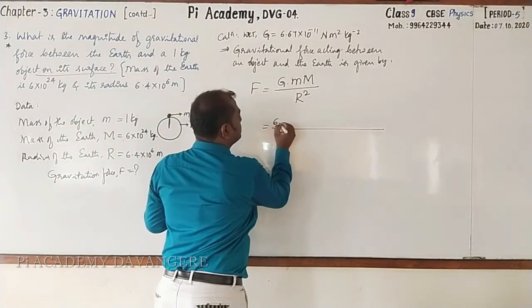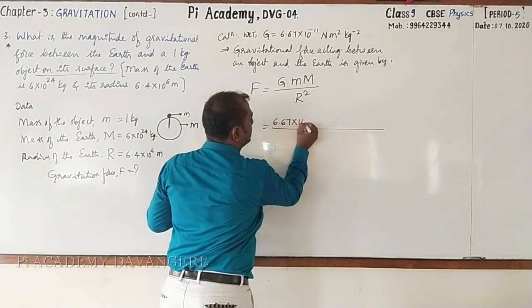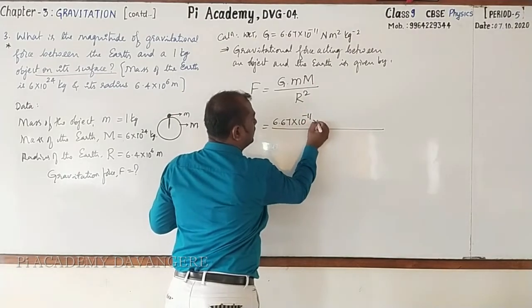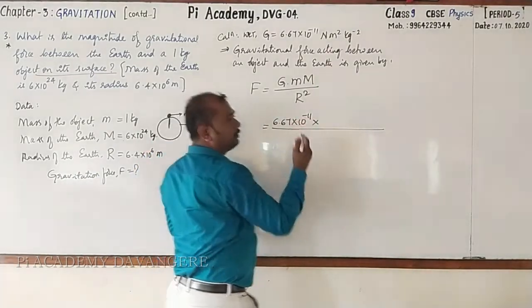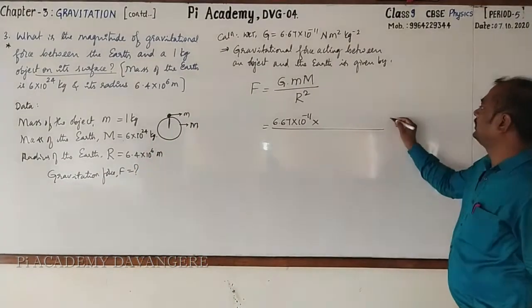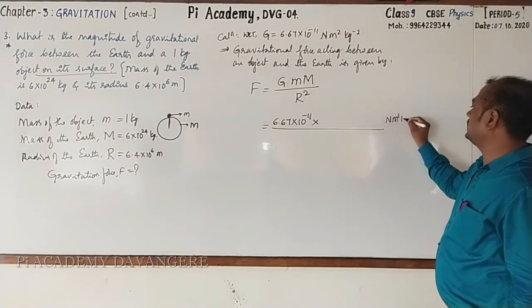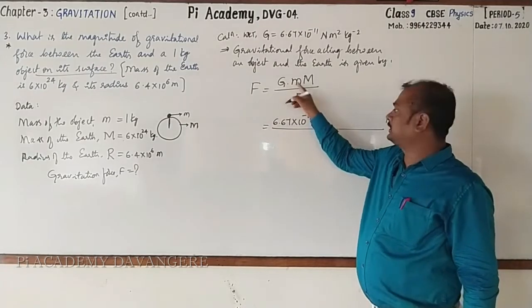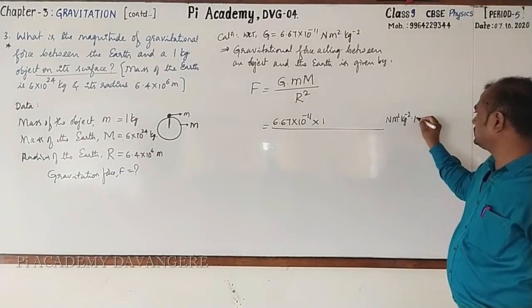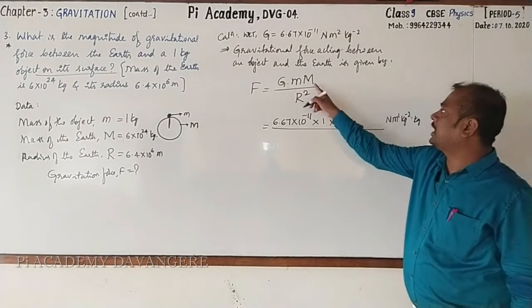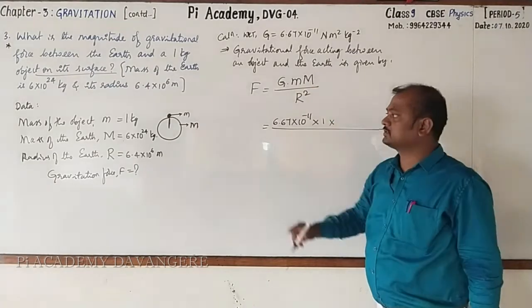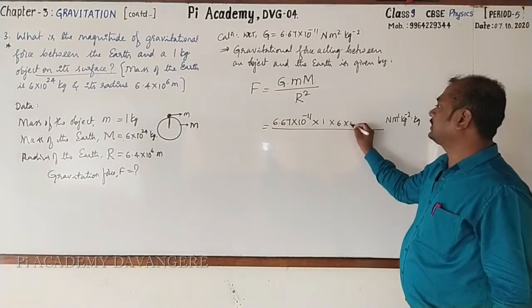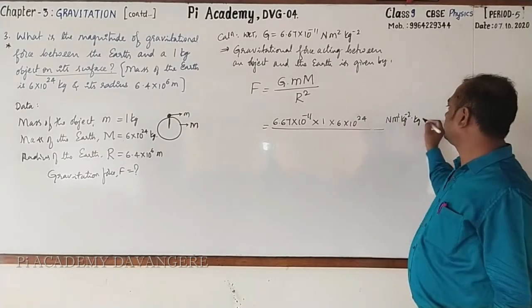Here 6.67 into 10 raised to the power minus 11 into, if you want you can write the unit as well, Newton meter square kg to the power minus 2, into mass of the object, it is 1 kg, mass of the earth, that is 6 into 10 raised to the power 24 kg.